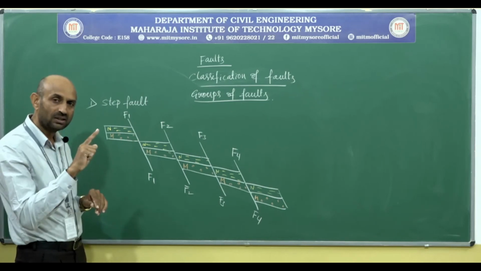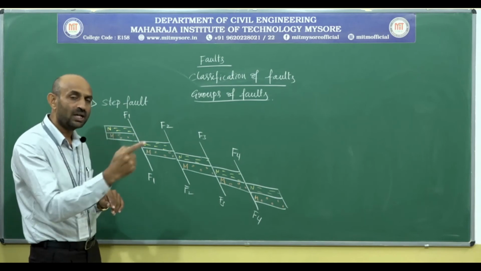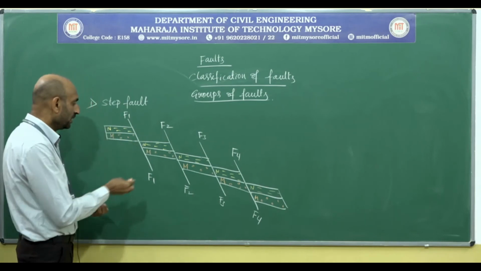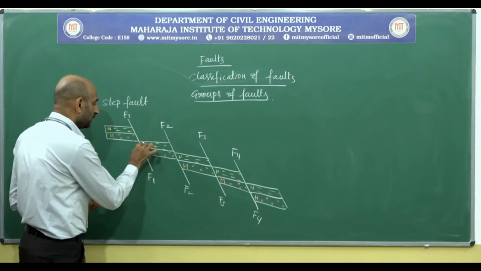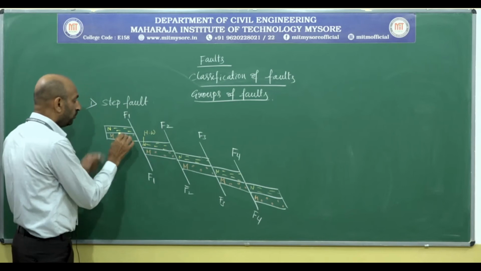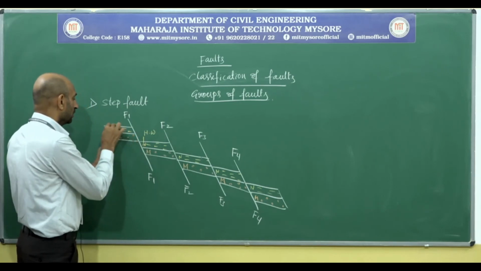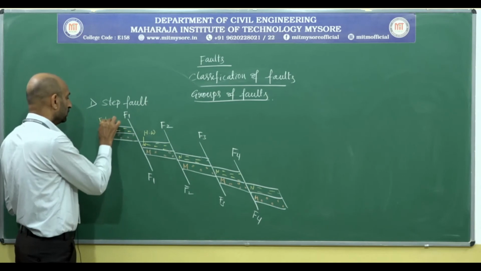What is normal fault? A fault in which the hanging wall becomes the down thrown block. Here, this block is hanging wall. When we compare with this one, this is foot wall.